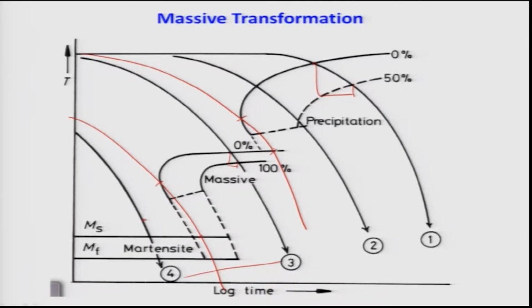So we can actually draw such time temperature transformation curves for massive and precipitation as well as martensite transformation. It is very clear that it is possible to do that for all the alloys, and this is helpful because in many cases we do not want martensite, because martensite will have a lot of strain inside it. Why? Because this is a shear transformation, it happens along the glissile interfaces of the parent and the product by twinning or dislocation motions.